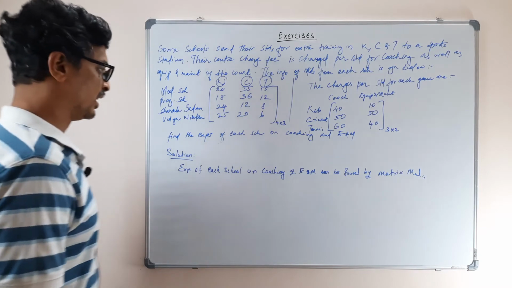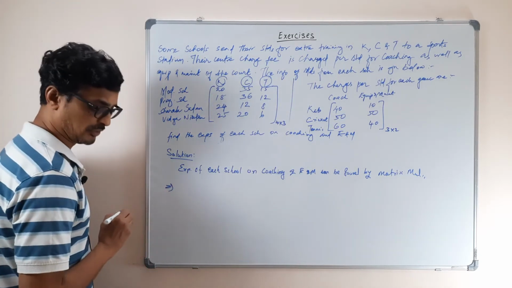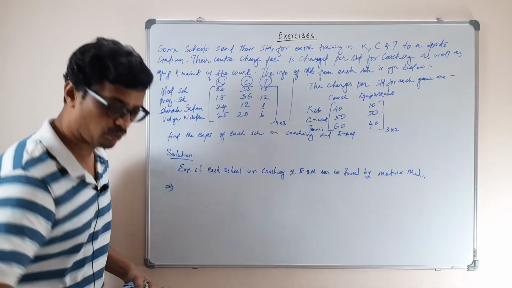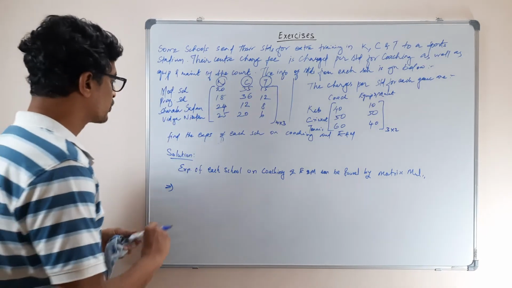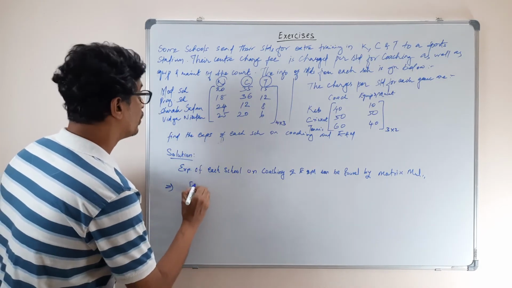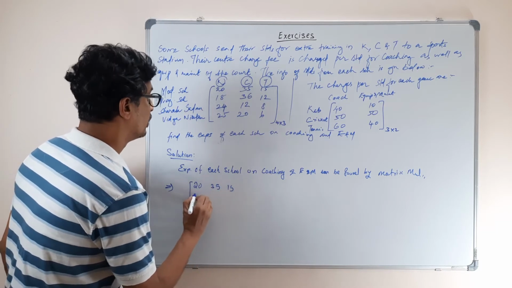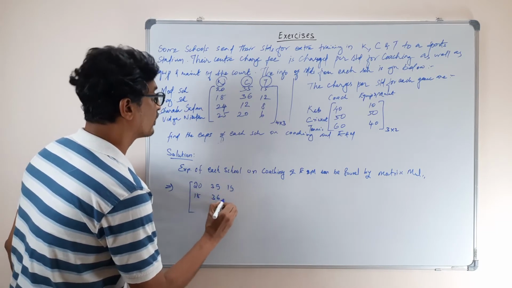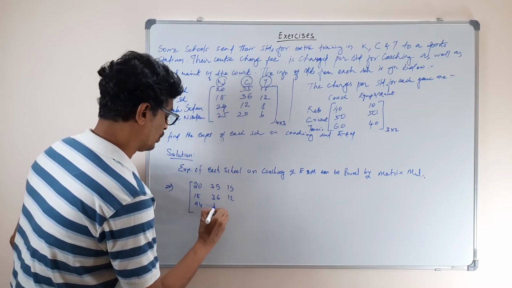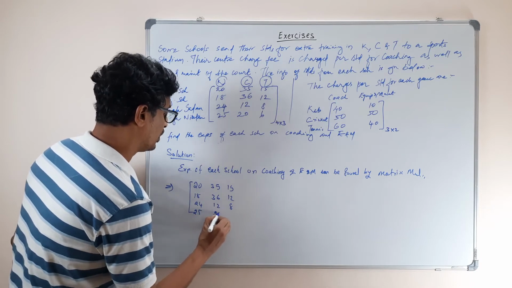So what is the matrix? That is equal to the matrix with rows 20, 35, 15; 18, 36, 12; 24, 12, 8; and the last one 25, 20 and 6.